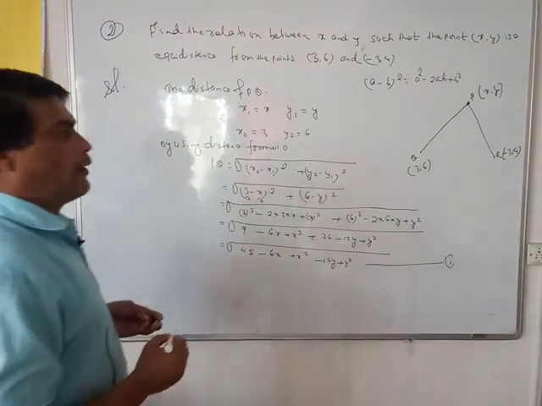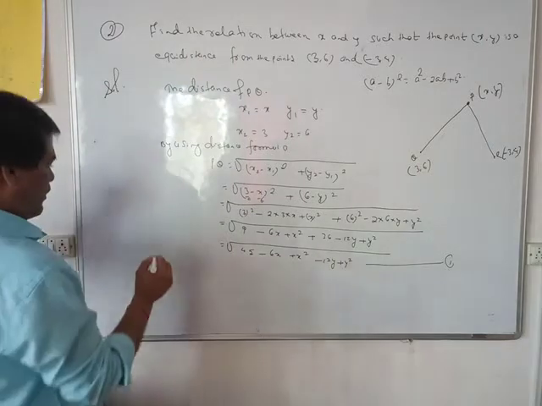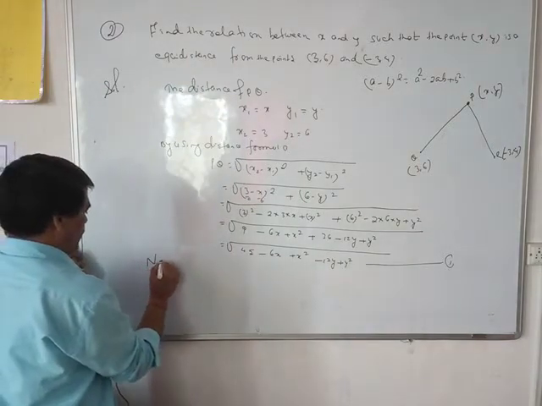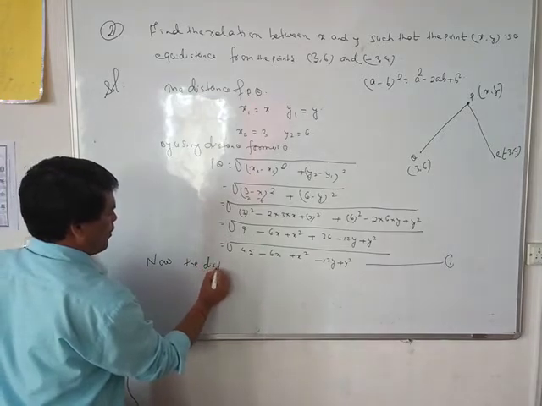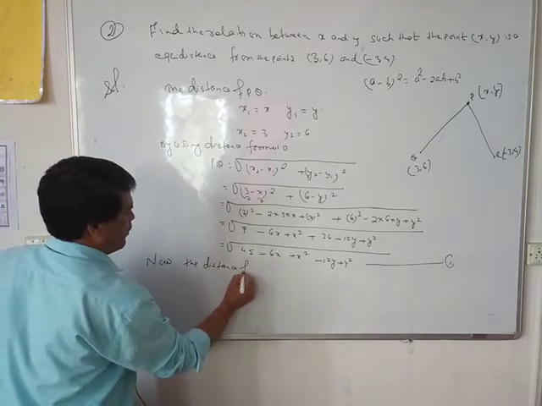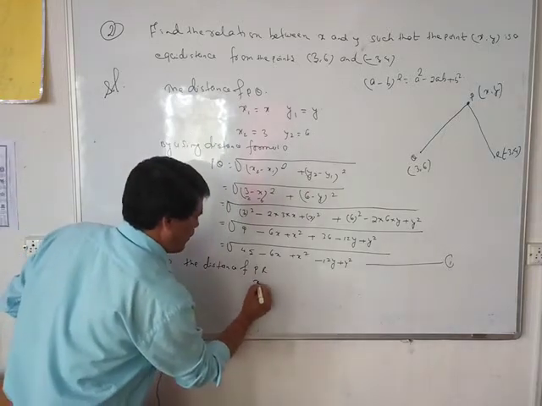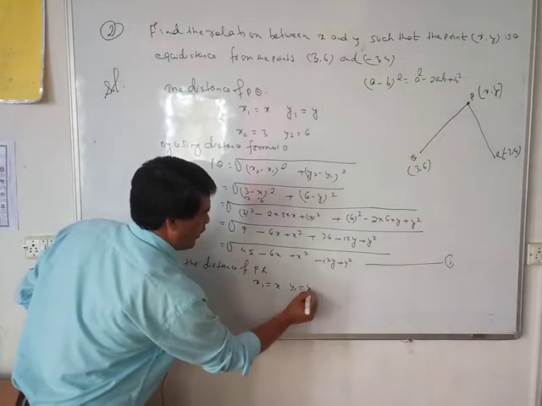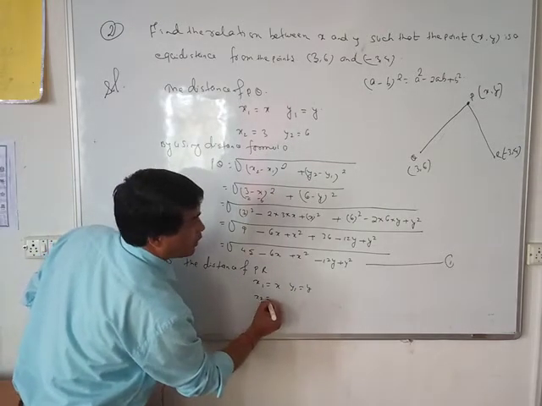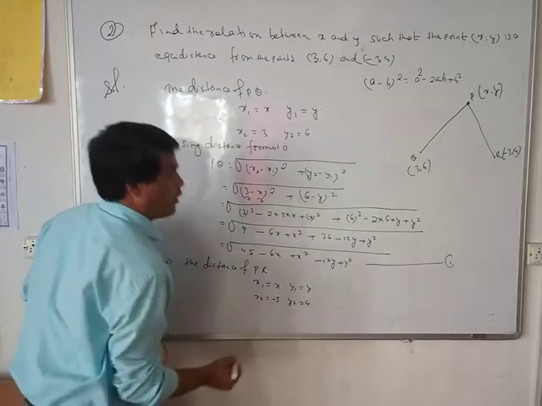Again we have to find the distance of PR. Now the distance of PR: in case of PR, x1 is x, y1 is y, x2 is minus 3, y2 is 4.